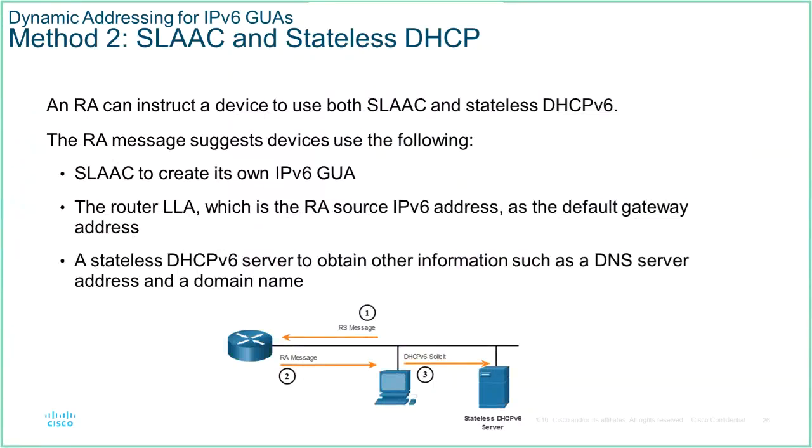Solicitation message comes out, advertisement comes back, and then part of that RA message will tell it where that DHCP server is, and then it polls the DHCP server to get all of its configuration.